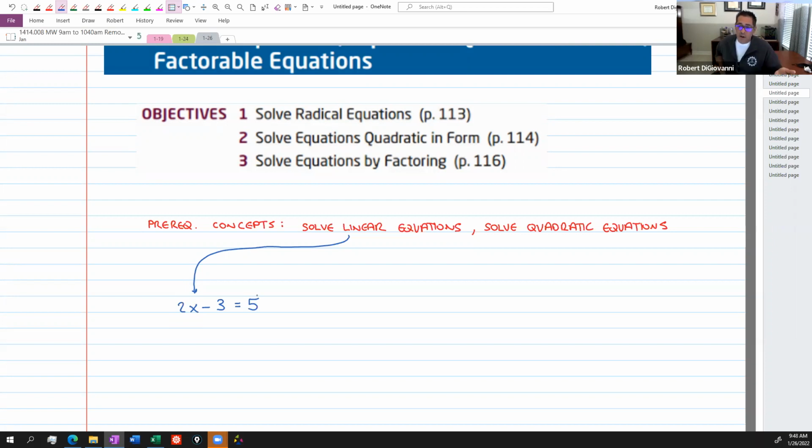I expect that everyone in here knows the process to solve this. The process would be isolate the x, add 3 to both sides, right? That would give you 2x equals 8. And then I would divide both sides by 2, and I would get x is 4. Everybody in here should be able to do that.